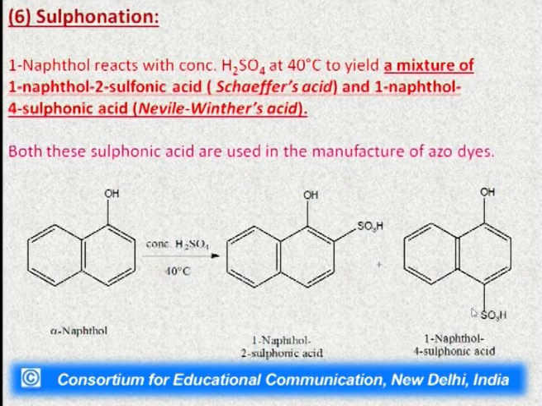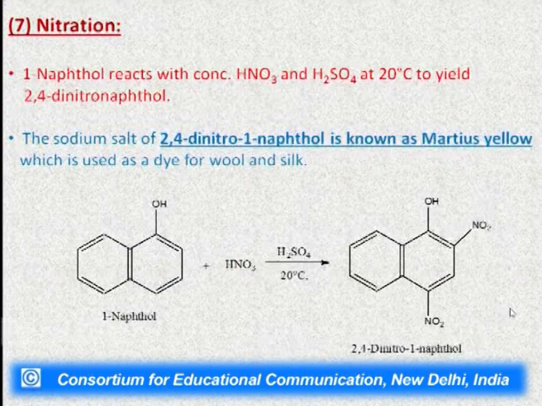Both of these acids are used in the manufacture of organic dyes. Here sulphonation takes place at the ortho position of the hydroxy group already present in the naphthalene, and here sulphonation takes place at the para position, since the hydroxy group is an ortho para directing group. So we will get here the ortho and the para products of sulfonic acid.